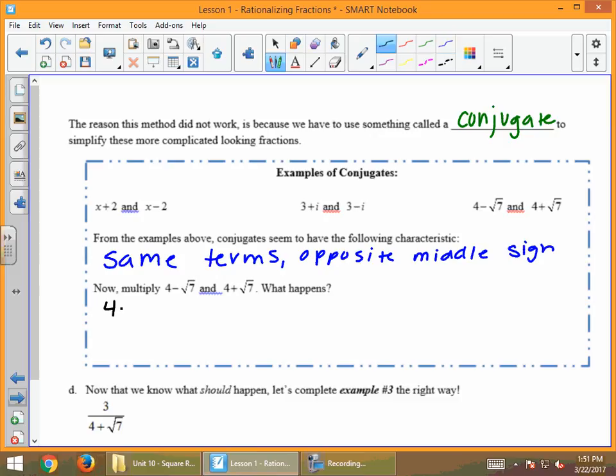So the same denominator from that previous problem, we're going to multiply it by its conjugate. So when we do so, essentially when you have something like this, all we're doing is FOILing. So we're going to take 4, distribute it. What do we get when we do 4 times 4? What's 4 times radical 7?